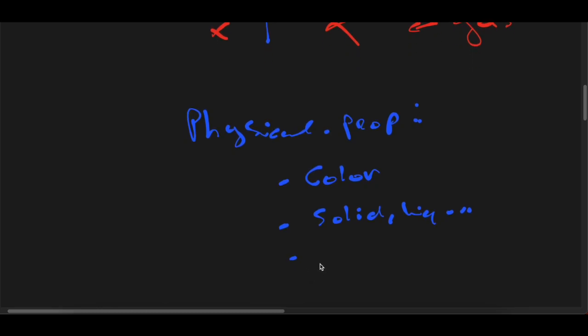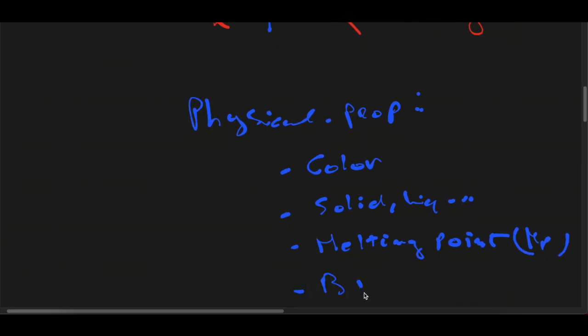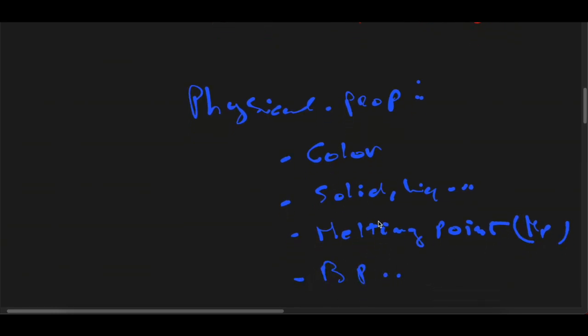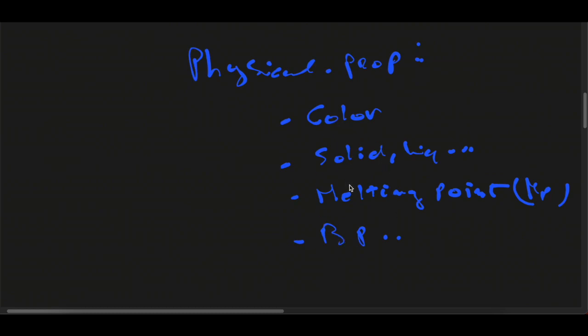Also, when we talk about melting point, or boiling point, and so forth. So all these are physical properties that can be measured, and the chemical composition isn't affected when we measure this.